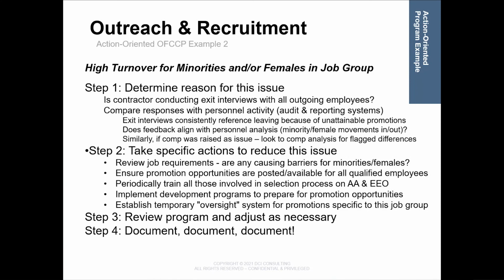So identifying that just job group 3B has an unusually high turnover for females, the contractor decided to take various actions, starting with determining the reasons behind the turnover rate and then designing methods to reduce or eliminate it, okay? So step one is the contractor wanted to identify the reasons for the female turnover.